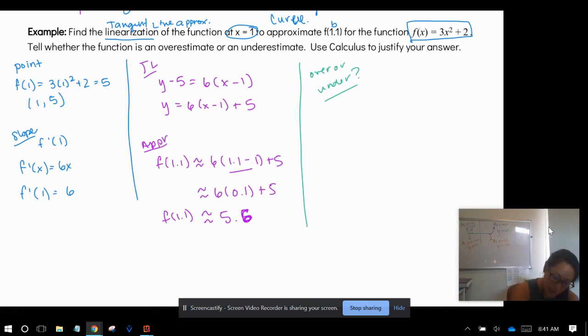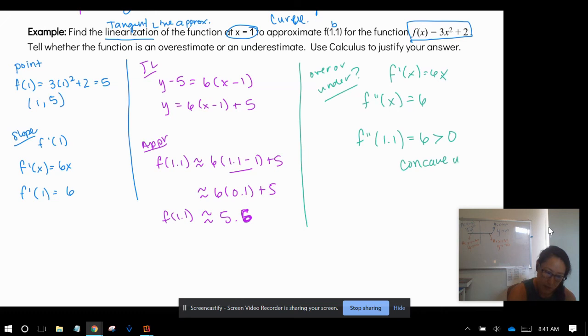So I need to take the second derivative. f prime of x is equal to 6x, so f double prime of x would be 6. So f double prime of 1.1 would equal 6, which is greater than 0. So we are concave up.